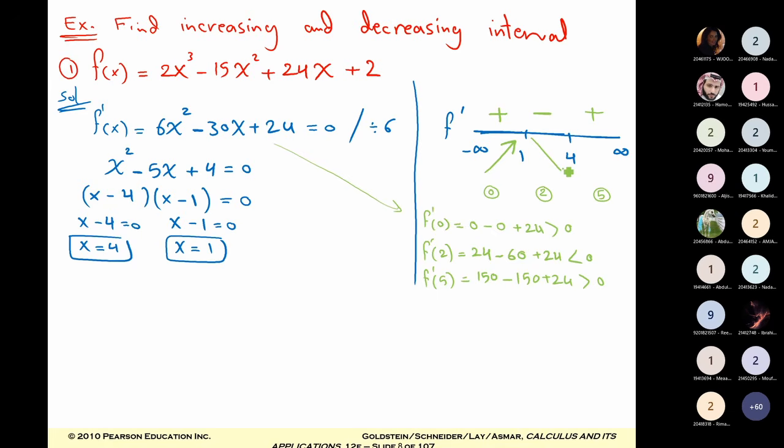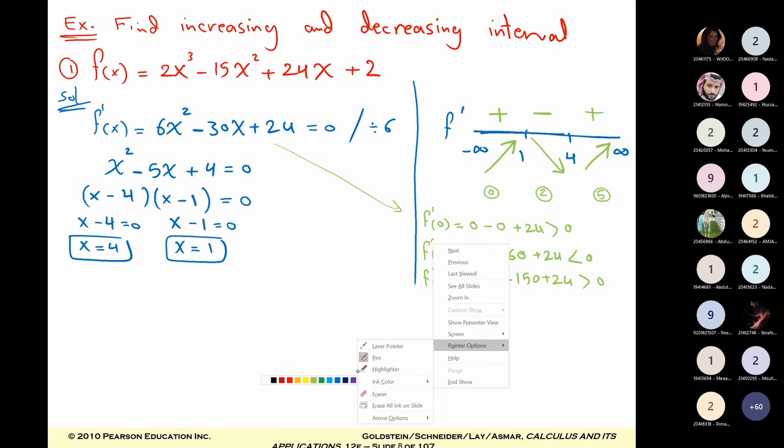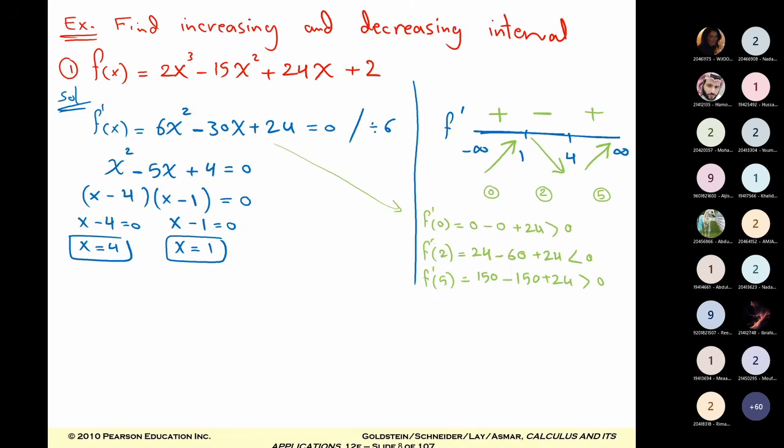If negative, decreasing. So at what intervals does the function increase and decrease? We can conclude f of x is increasing on the interval what?